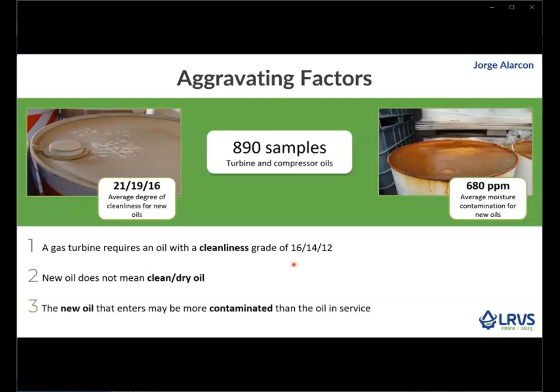So keeping the oil that is not in service yet at a good limit, cleanliness and moisture, for example, is very important before we add it to the system.